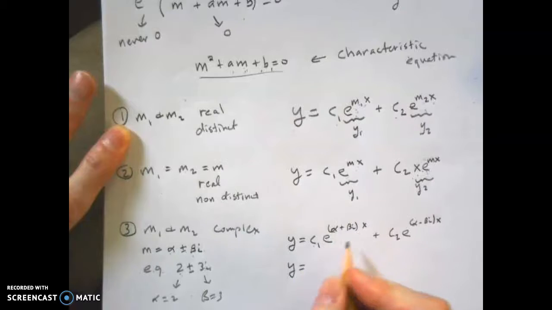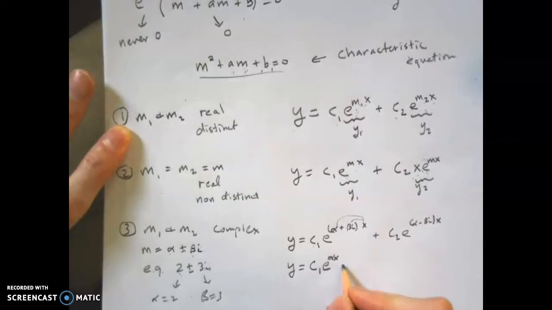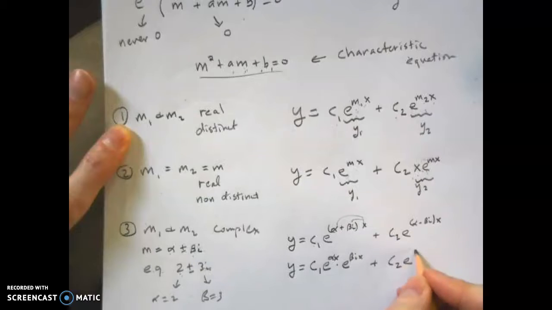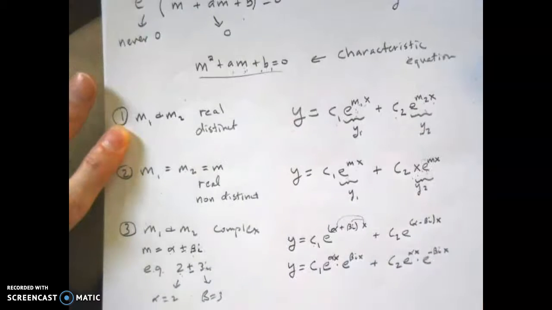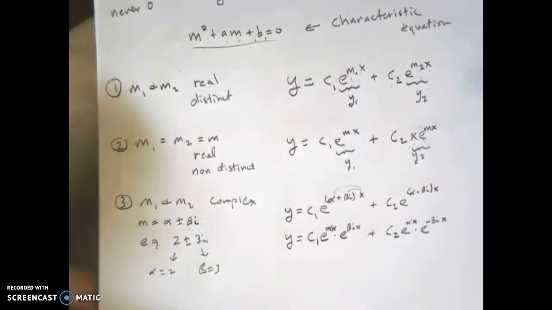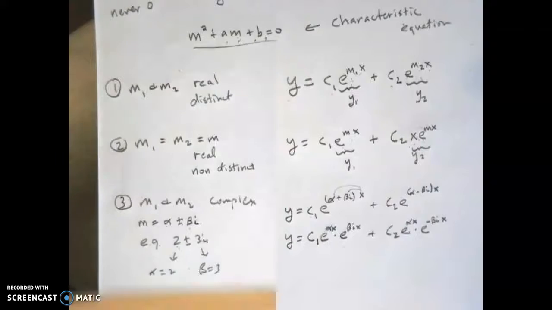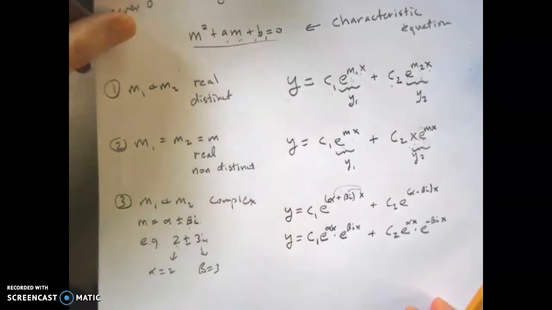And simplifying this, when you distribute, you get c1 e to the alpha x times e to the beta ix, and then plus c2 e to the alpha x times e to the negative beta ix. Okay? Now, we are going to go off to another page and we're going to simplify this because we can simplify it into something much nicer.